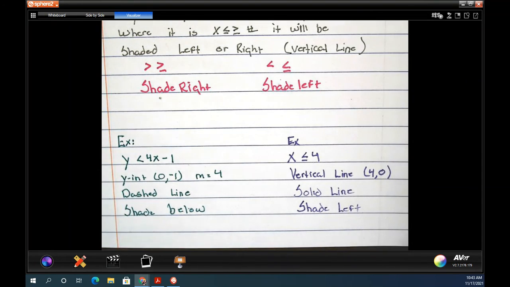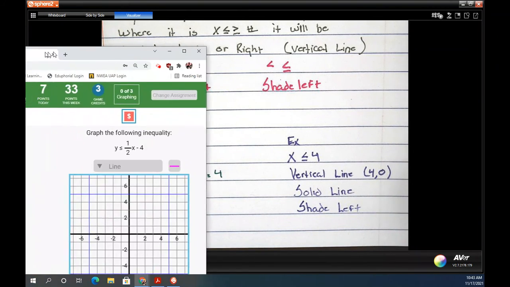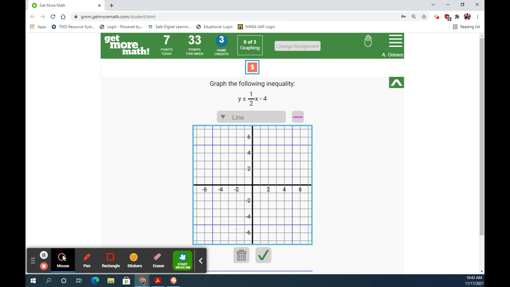Now, let's look at some examples of what you're fixing to get into. Keep your notes out. Now, look at this. Y is less than or equal to 1/2 x minus 4. Is that going to be a solid or dashed line? Look at your notes. Which one is it going to be? Solid. So we don't have to change anything here.